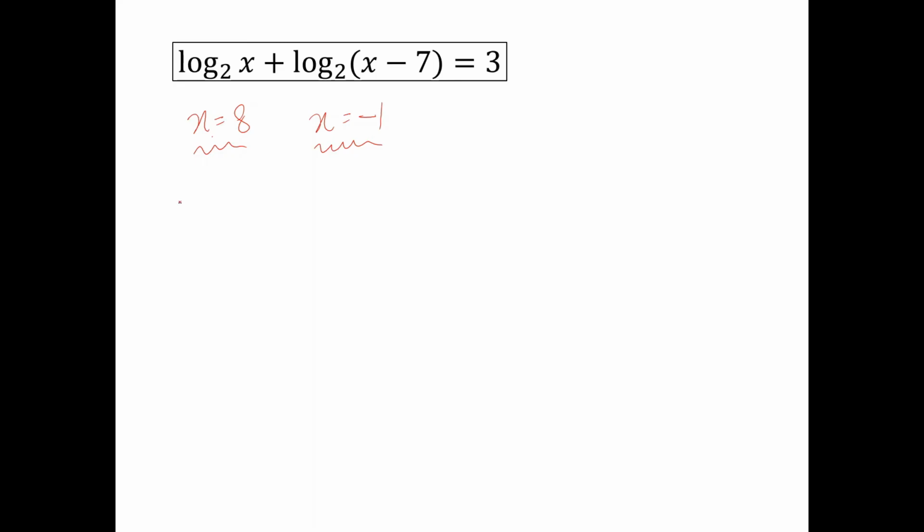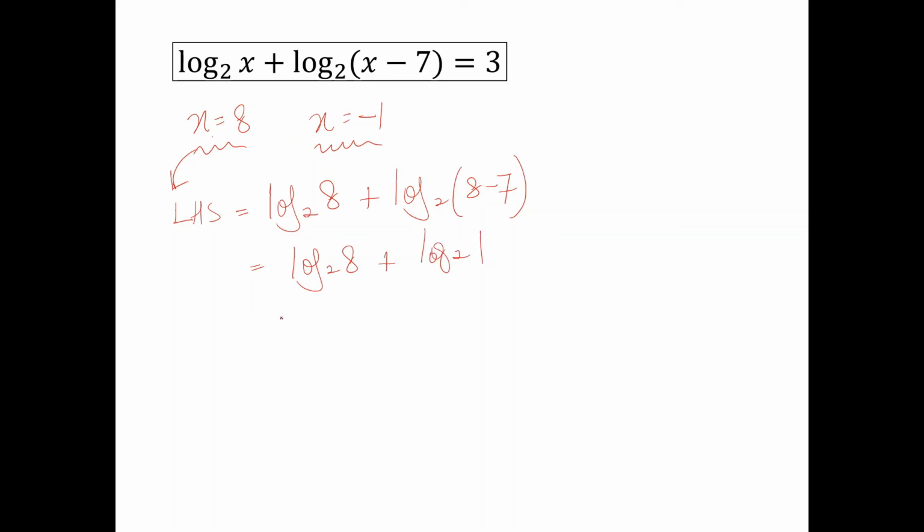Our left hand side, when x equal to 8, is equal to log base 2 of 8 plus log base 2 of (8 minus 7), equal to 1. So we have log 8 base 2 plus log 1 base 2. Log 1 base 2 is equal to 0.